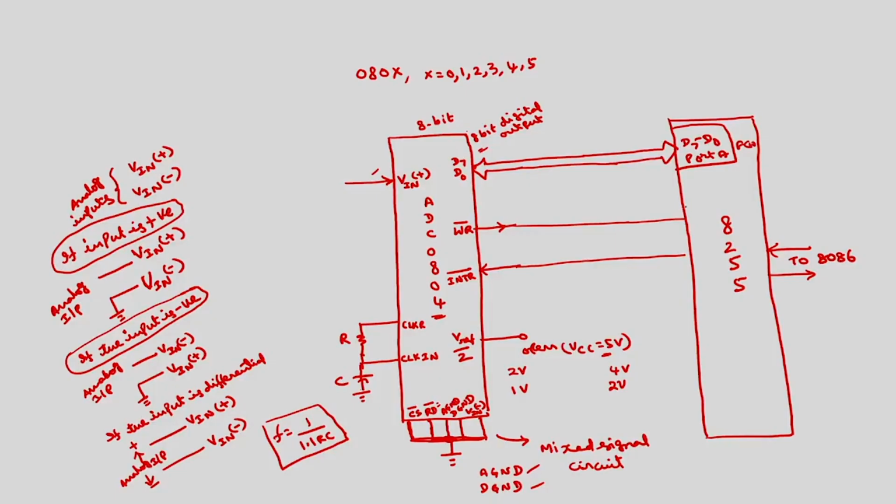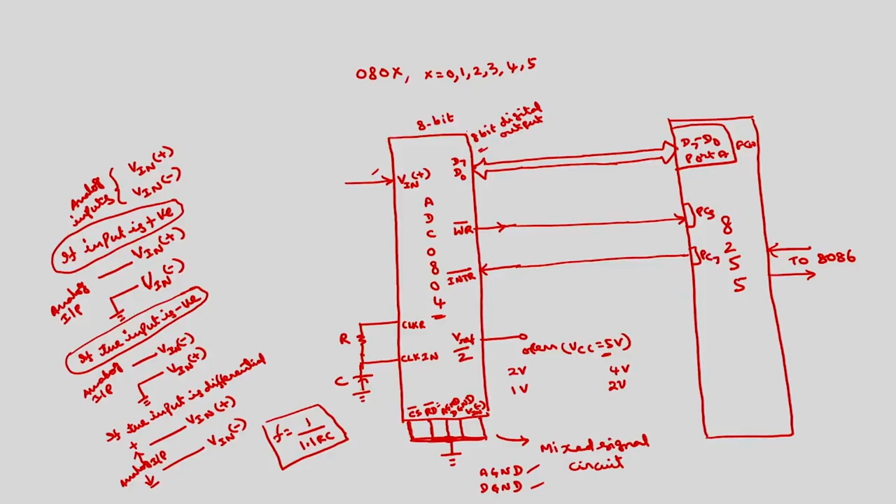Then I will connect this to one of the pins. This is a single signal. I will call this one PC3. This I have to connect as input port, and this has to be output port. This I will connect to PC7. It's up to you.